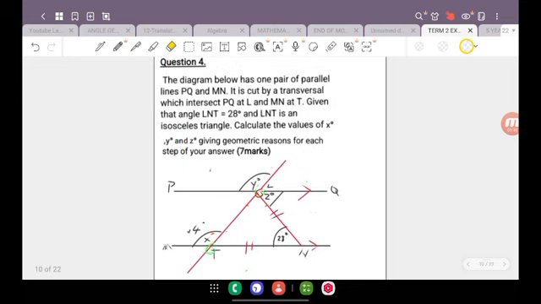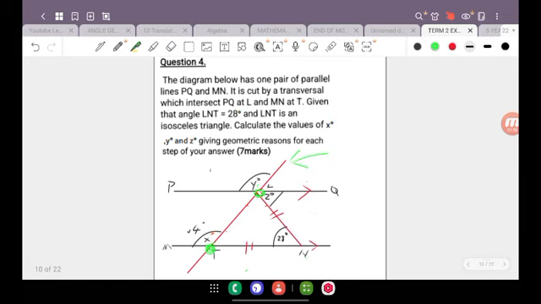Now, those two parallel lines are then cut by a transversal which intersects PQ at L. So we have this transversal line right here that cuts PQ at L. Right here in this position, that is the point L where the red line cuts PQ, and it also cuts the line MN at the point T, that is this position down here. So it intersects both parallel lines at those two positions.